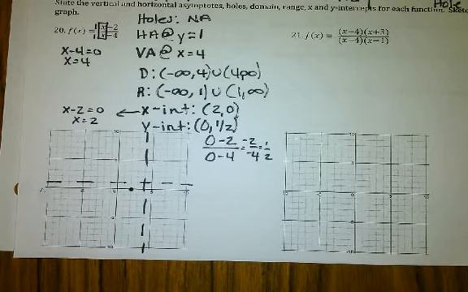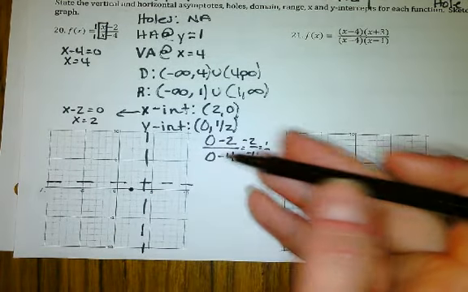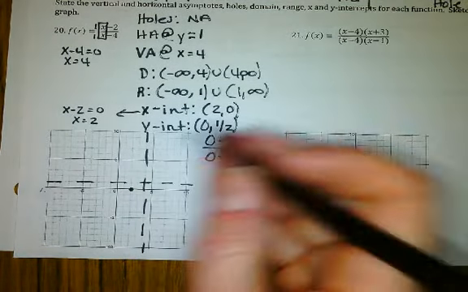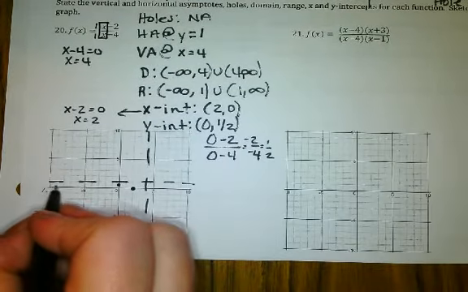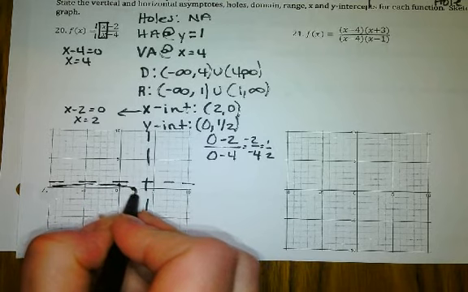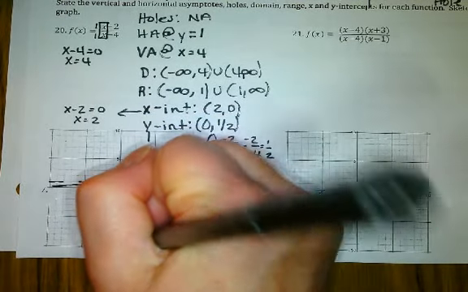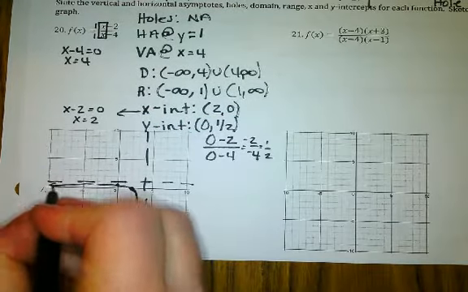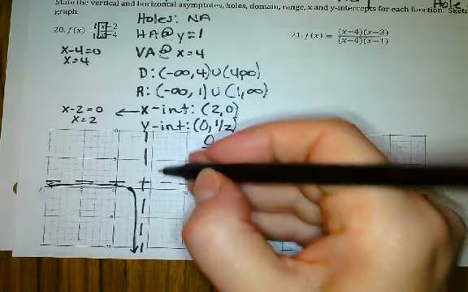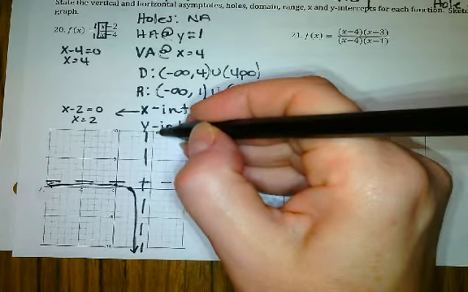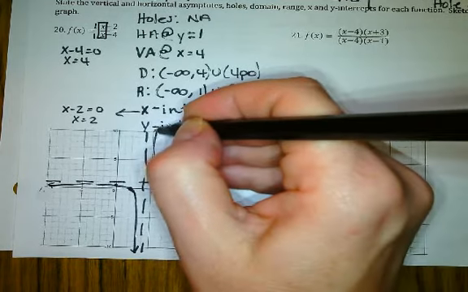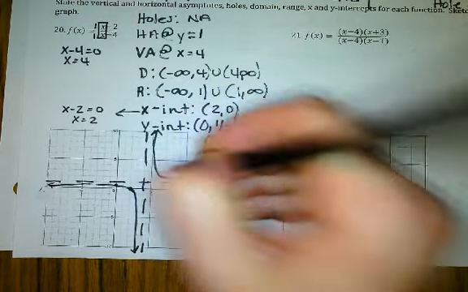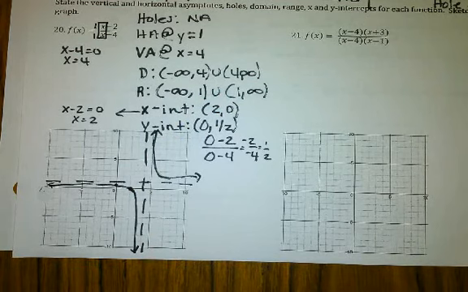And I also know I'm going to have a y-intercept at (0, 1/2). Okay, so that's going to be one of my curves. And then for the other curve, it's going to be pretty much about the same, and I'm just going to sketch it on the other side. So all I'm really worried about is y'all just kind of sketching them. On the test, you will not be required to graph one of these by hand.